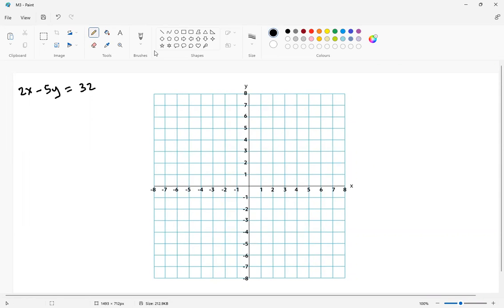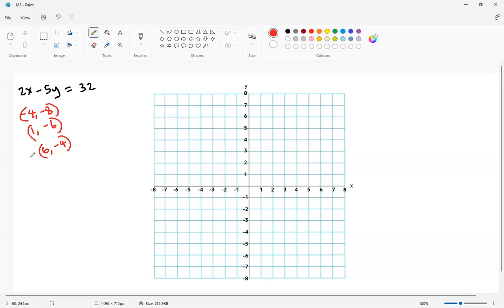And the points we have got are minus 4, minus 8, then 1, minus 6, and then 6, minus 4.